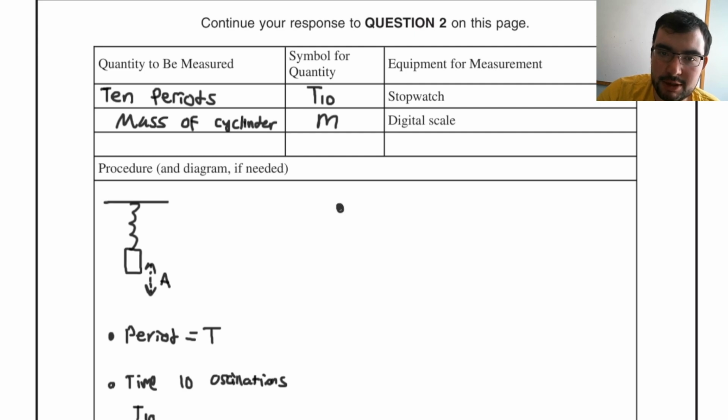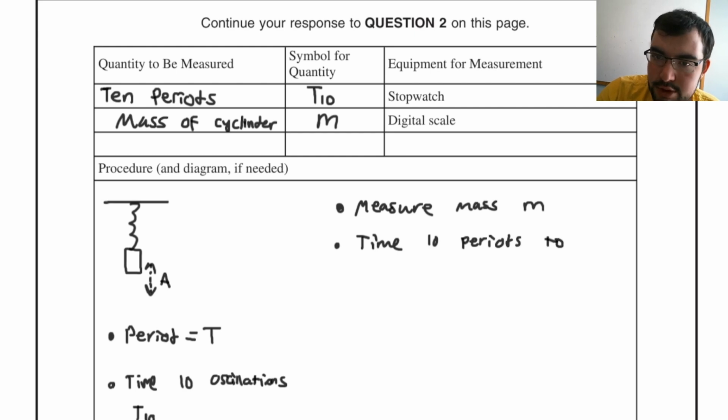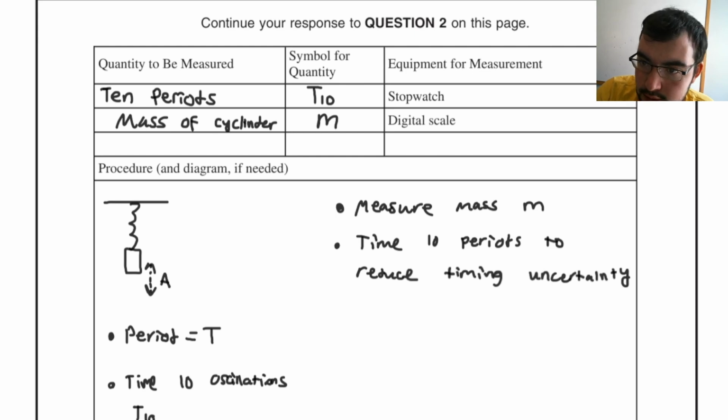So the procedure is just going to be measure mass M, time 10 periods to reduce timing uncertainty. Then T is going to be equal to T10 divided by 10.